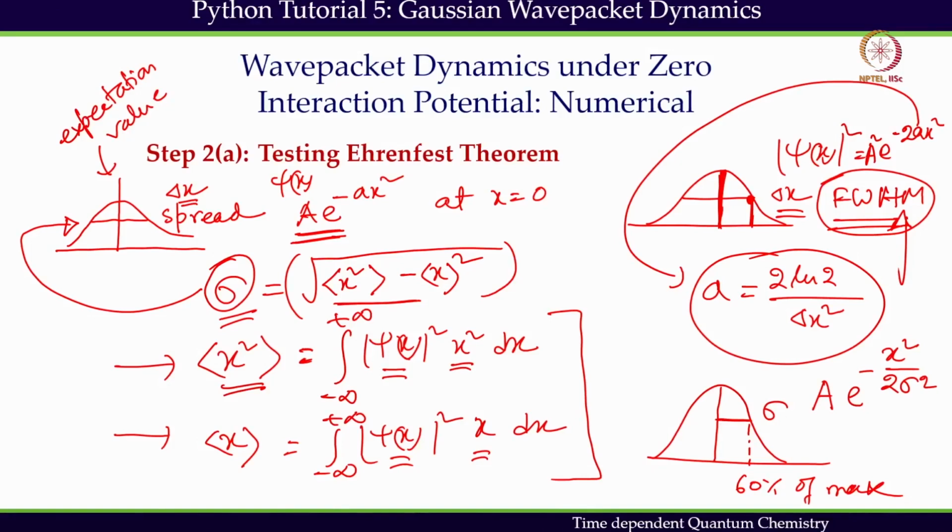But the graphical definition of sigma is the following. I repeat one more time. In contrast to the full width half max we have learned, which is the full width at the half maximum, where the maximum is here and at half of the maximum it is the width, sigma, which is related to variance, also represents the spread of the Gaussian, but that corresponds to the half width.